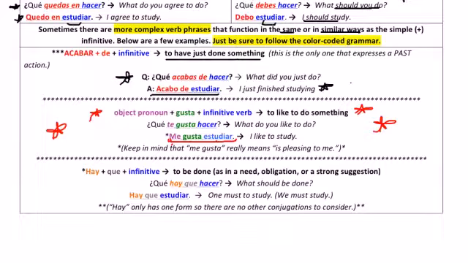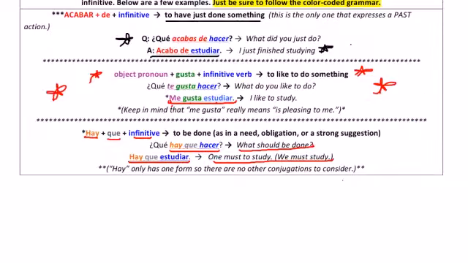Another item that you can use is hay que. And again, hay que hacer, ¿qué hay que hacer? Hay que estudiar. What should be done? One must study. We must study. And just remember that hay only has one form and no other conjugations need to be considered.